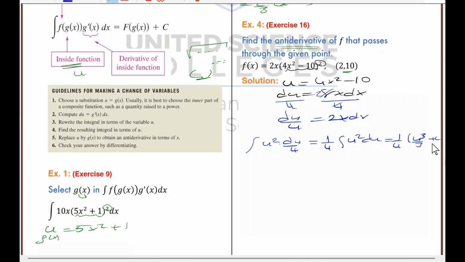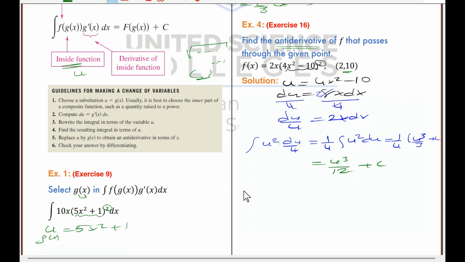I am done. Now I need to do back substitution. Whatever I let u be, I'm going to put it back. So my answer will be 1 over 4. I can distribute this actually. Let me first distribute 1 over 4 and do back substitution. u cubed over 12 plus c.